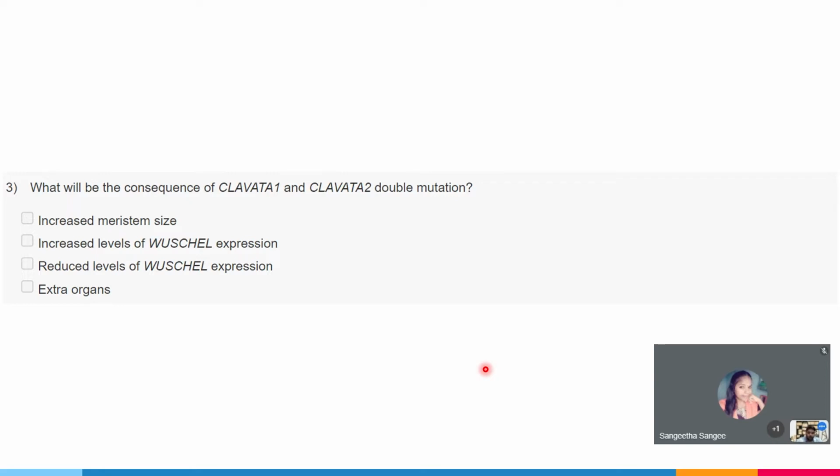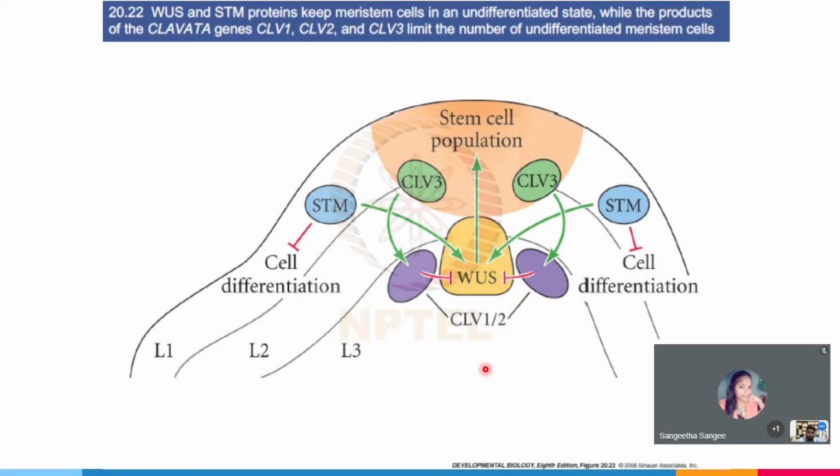Okay. So let us first look at the gene circuit and how exactly Wuschel and CLAVATA1 and 2 and everyone is related to stem cells. So Wuschel and STM proteins keep meristem cells in an undifferentiated state. Meristem cells can exist in two forms.